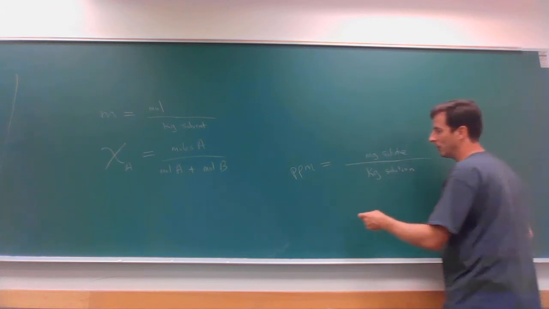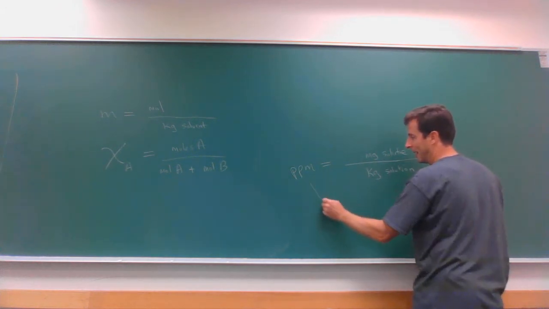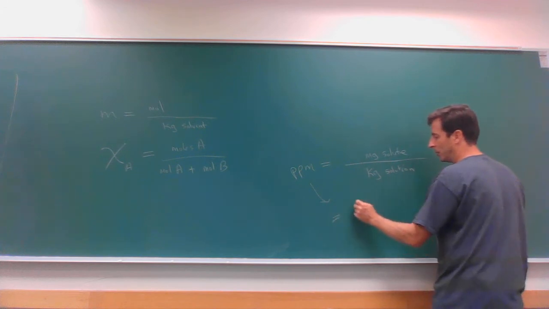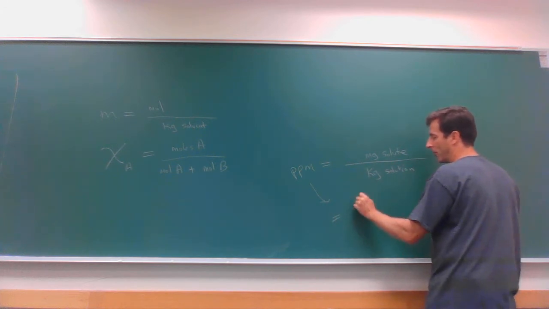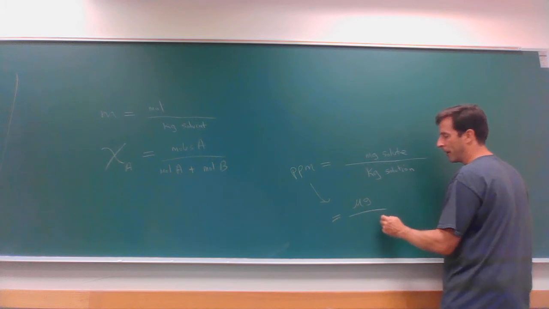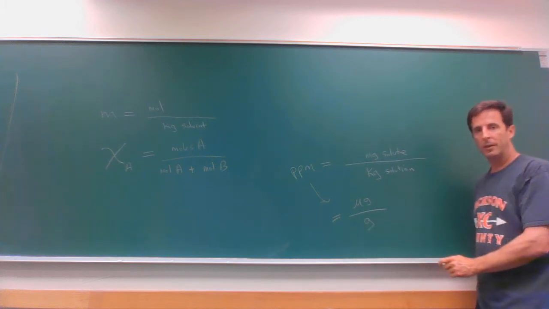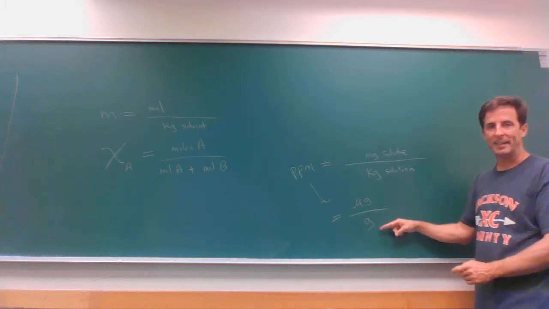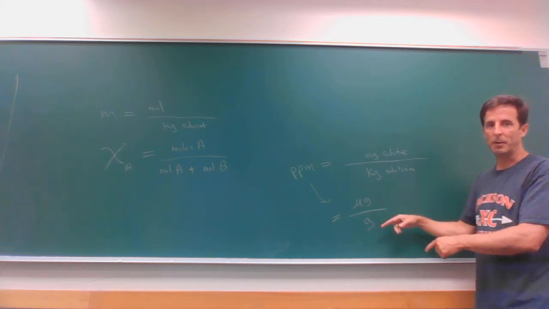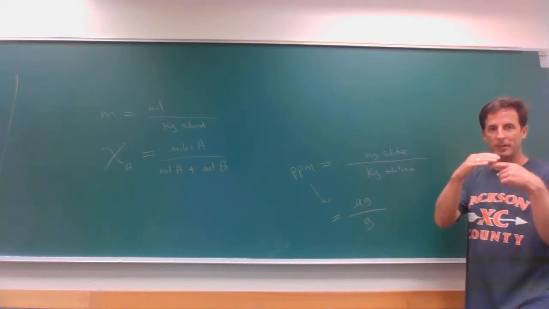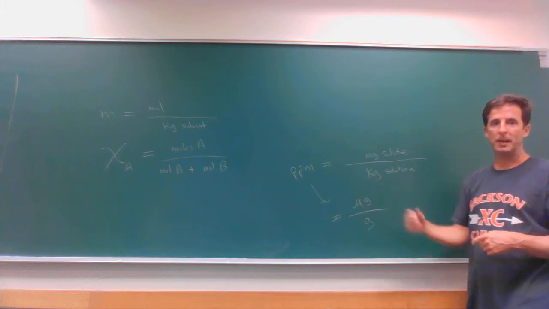I could do the same idea with micrograms per gram. Again, those two are separated by 10 to the 6th. So as long as the units are separated by 10 to the 6th, the ratio works to make it ppm.